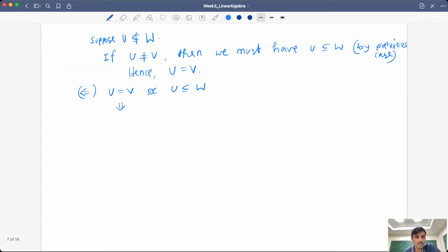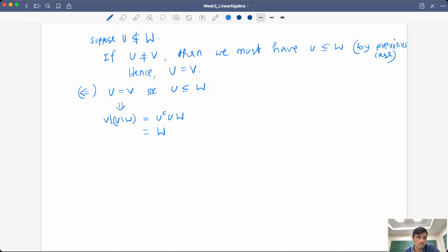U is already deleted, so V minus U minus W is U complement union W, right? But U complement is just phi, because I am taking the complement in V itself, so this is just W, which is a subspace.